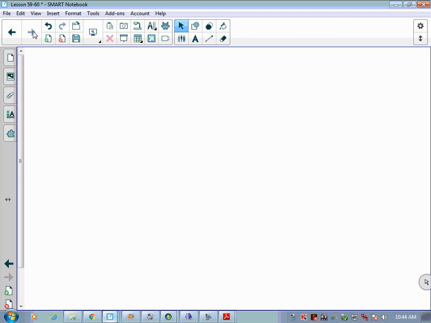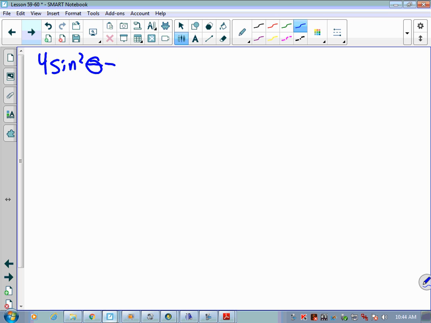What they tell me is 4 sine squared theta minus 1 equals 0. We've seen a lot of stuff like this, where we're trying to find a range of values inside of this. Let's go to my notes over here on number 7.